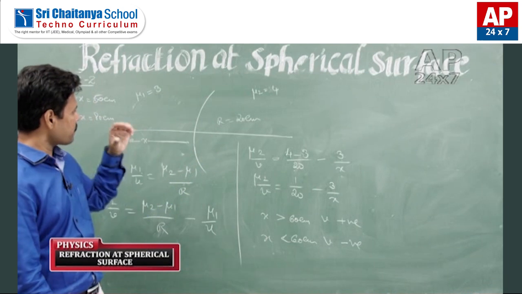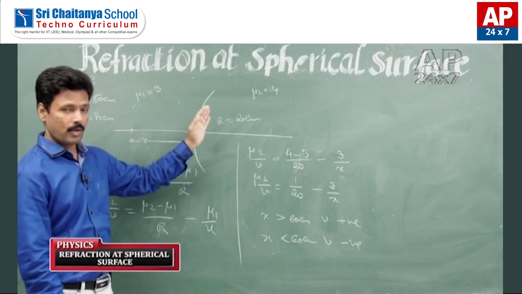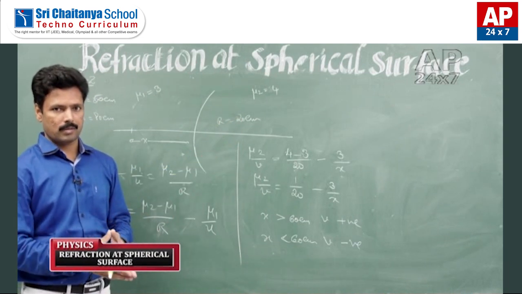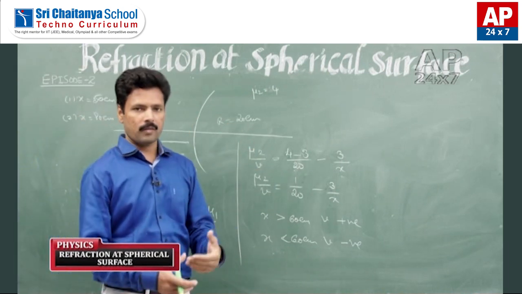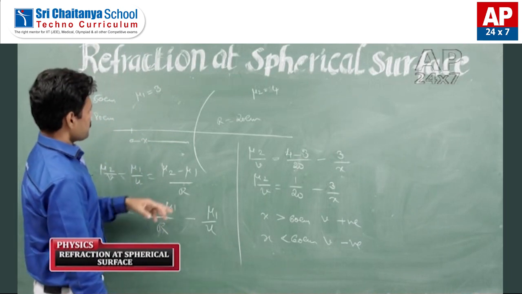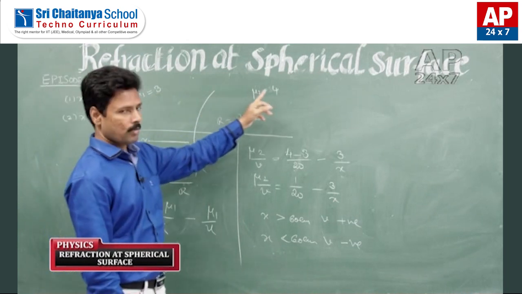So we have seen on convex side 2 cases, on concave side object 2 cases. So this is what we have discussed. Now let us take one problem just to understand what we have learned. Okay, now take this problem. There is a spherical boundary, mu1 equal to 3 and mu2 equal to 4.